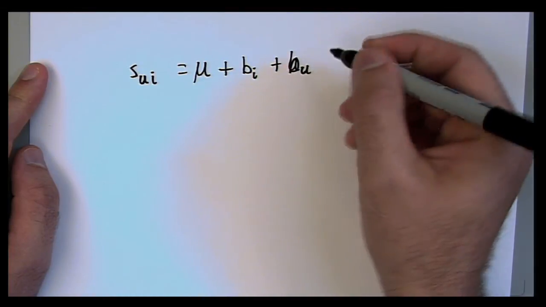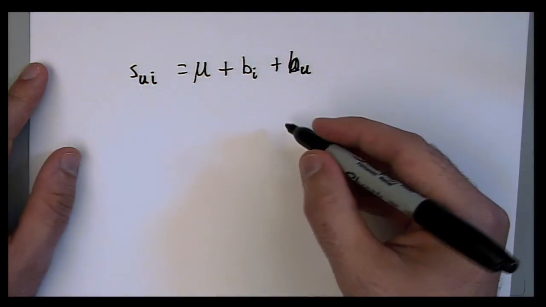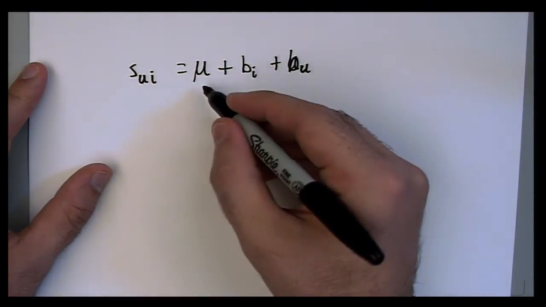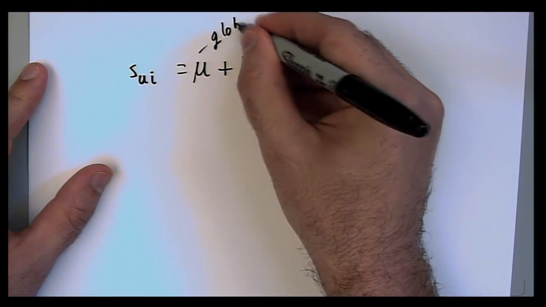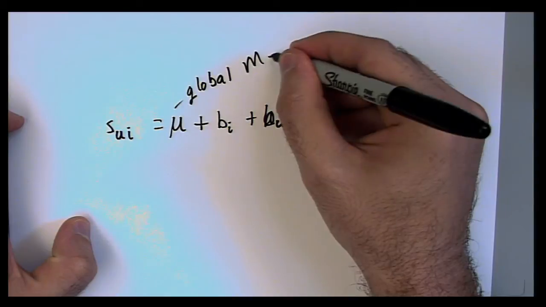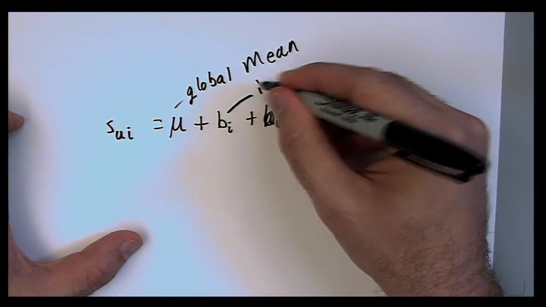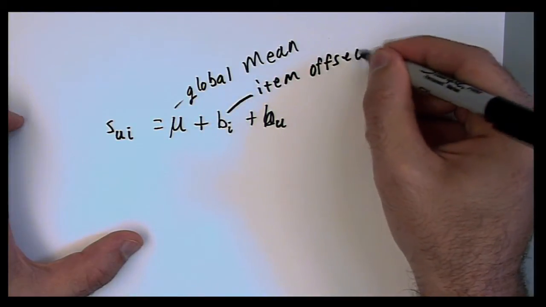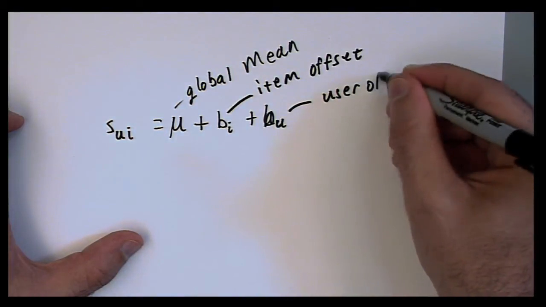And I'm just calling these B's because we often use these things as baseline recommenders. So the mu is just the global mean. B sub I is the item offset. And B sub U is the user offset.